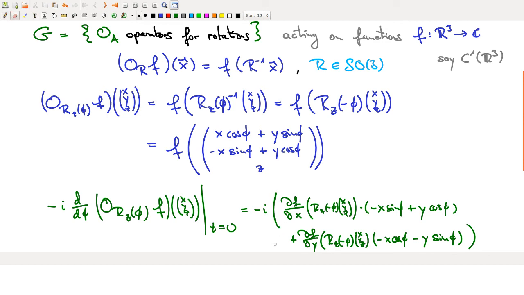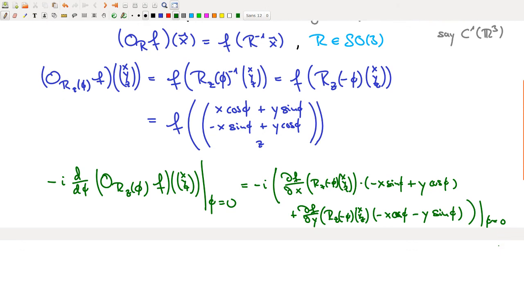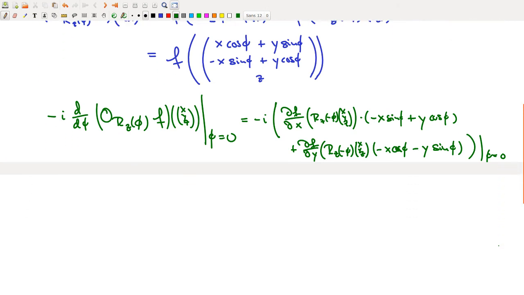Okay, close this big braces here, and then the whole thing at, what did I write here? T equals 0. That was a phi. Our parameter is called phi here, so the whole thing at phi equals 0. Now at phi equals 0, the rotation matrix is the identity.